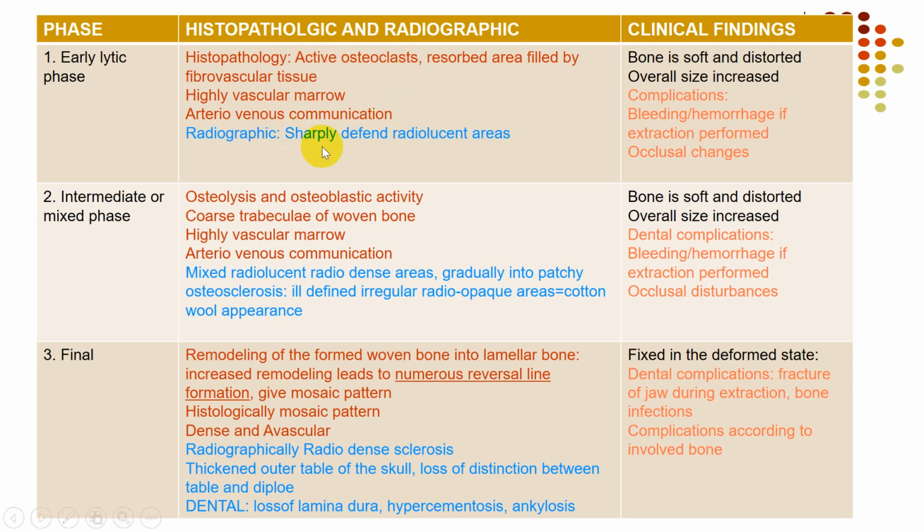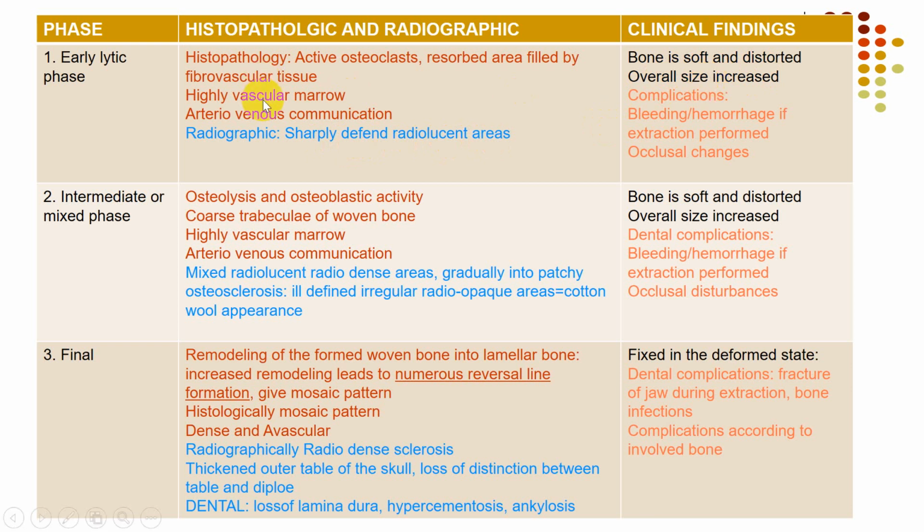You'll find sharply defined radiolucent areas. There's a typo here. Clinically, what do we have? The bone is softened, easily fractured, and distorted. Now, the overall size is increased. Why is it increased if we don't have bone deposition?